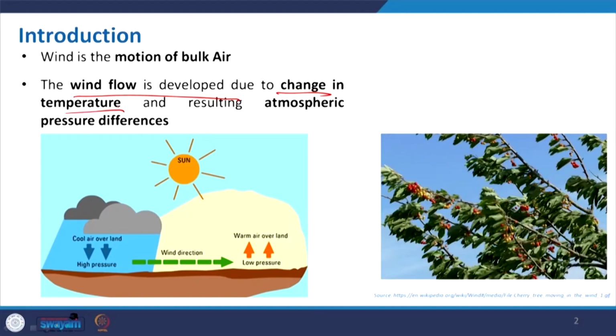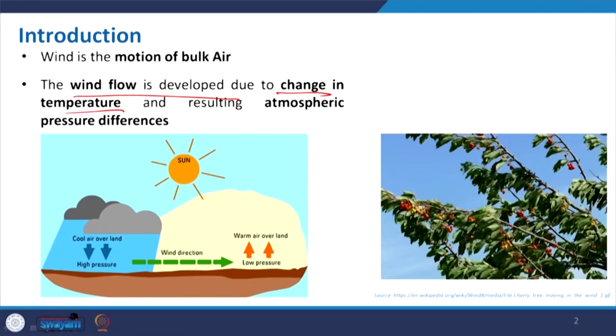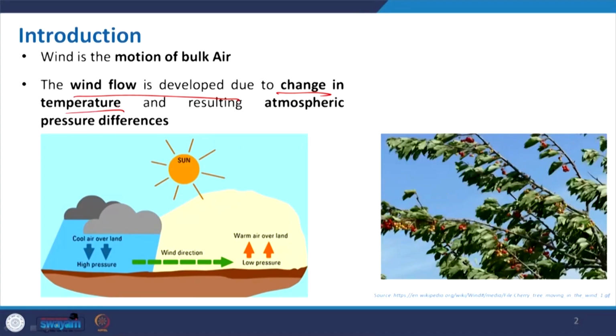Whenever, due to the sun, your land is getting heat, the air in contact with the ground at that lower level also gets the heat and becomes lighter. So, hot air goes up and that creates empty space, and in order to occupy that empty space, the cold wind from the surroundings will move towards it.